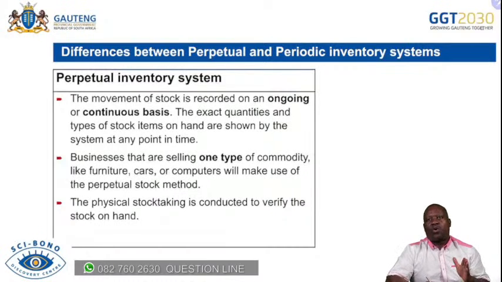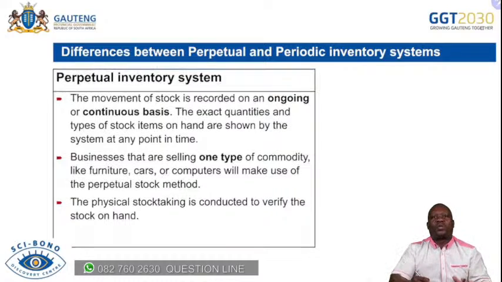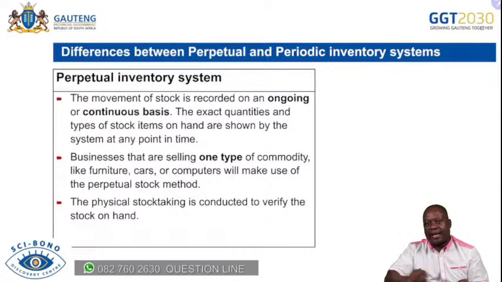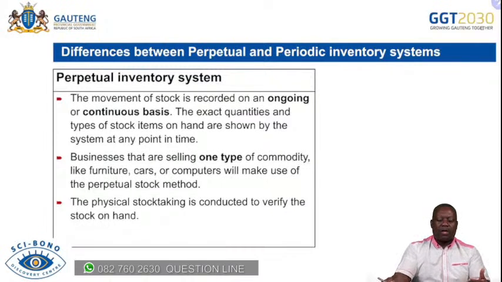So if we go into the stock records, we can tell how many items of these stock items are still there in our stock. Because each time one is taken out, the stock systems are updating themselves. Now, the businesses that are selling one type of commodity like furniture or cars or computers usually make use of this system. It's very easy for them.